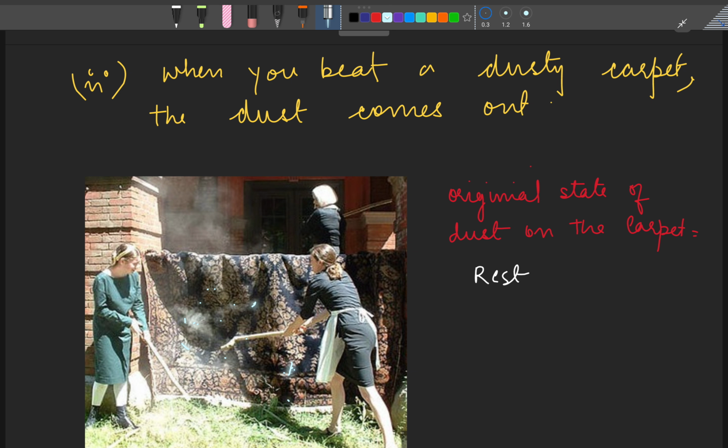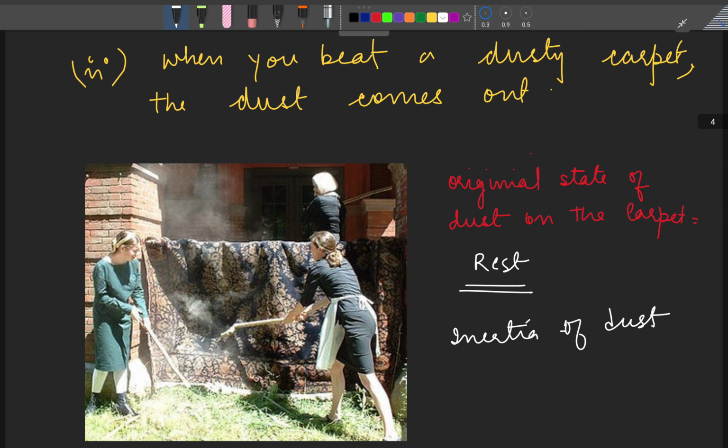So dust remains wherever it was situated. The carpet moves back when you're beating the carpet, the dust remains there and the dust gets removed from the carpet, right? Again, this is an example of inertia of the dust in this scenario. Okay, inertia exhibited by the dust is the reason why the dust is removed from the carpet upon beating the carpet.